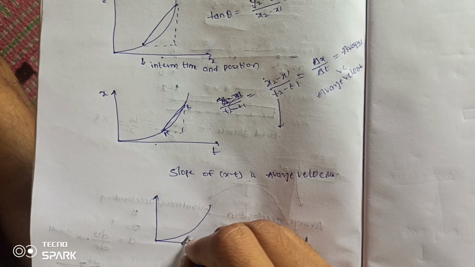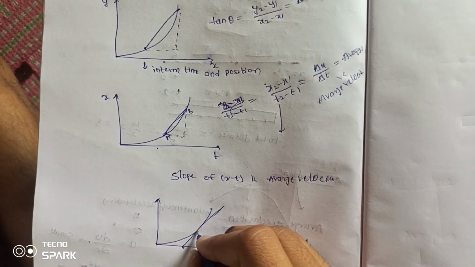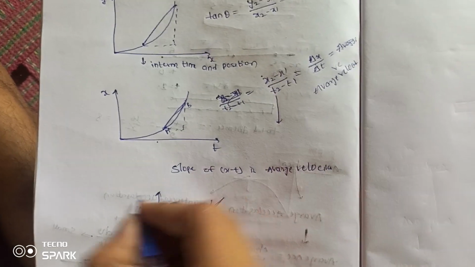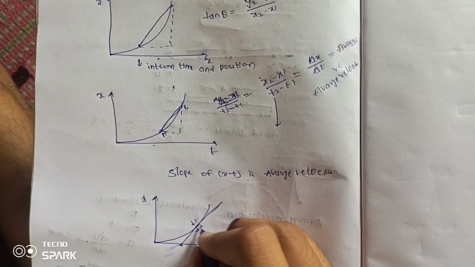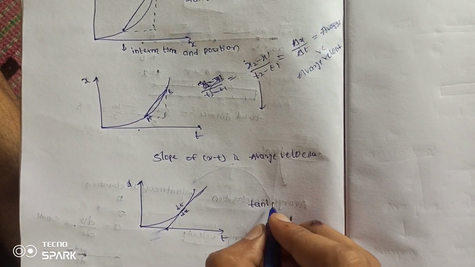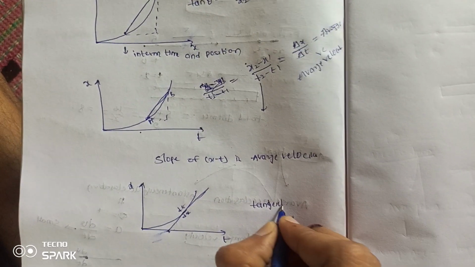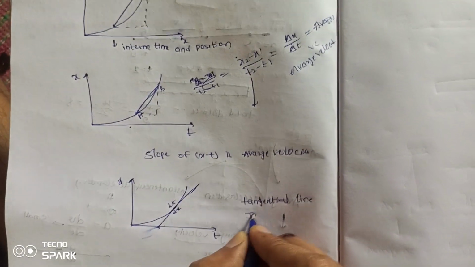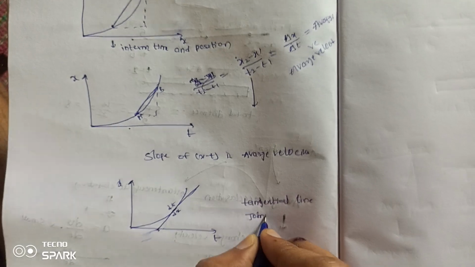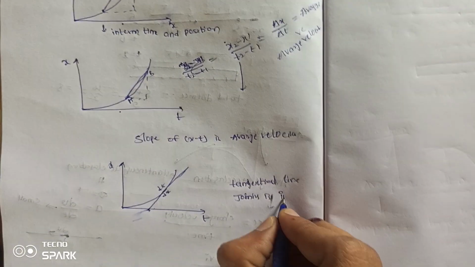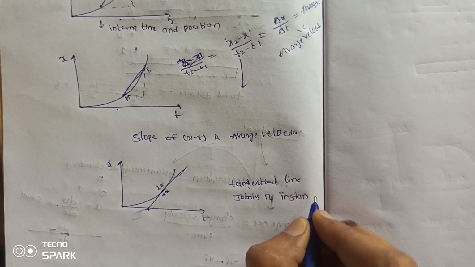Draw a tangent line; this small change in position and time, the tangential line, is the instantaneous velocity.